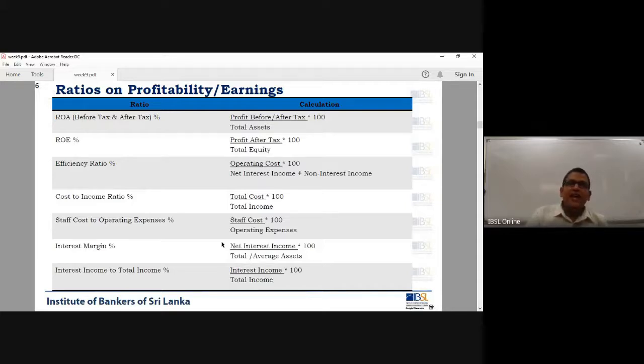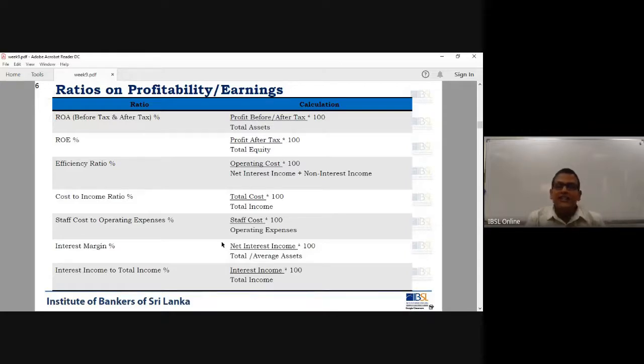The ability to make a profit shows the company's sustainability. If they make more profit and retain it, that creates internal capital for the banks and finance companies. The first profitability ratio is return on assets. This ratio shows the ability of the assets to create a return.